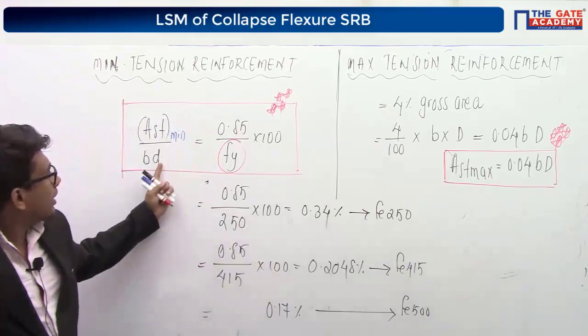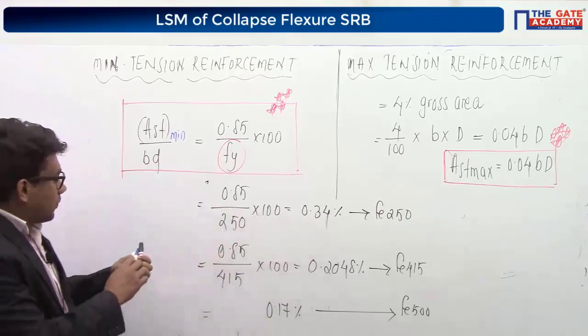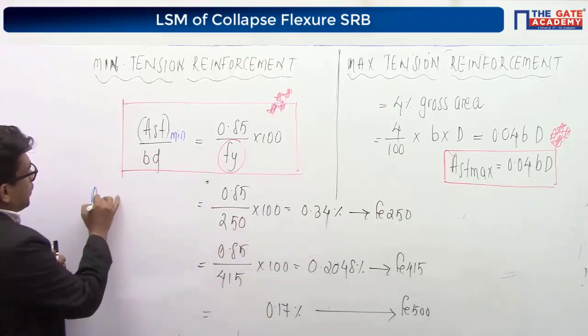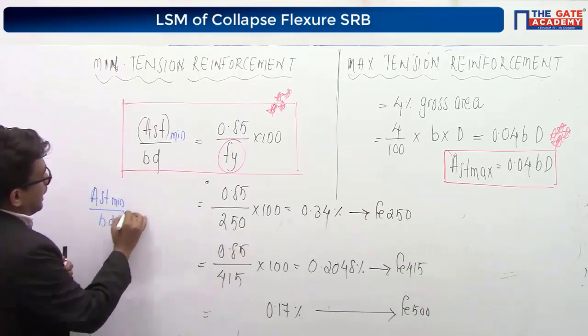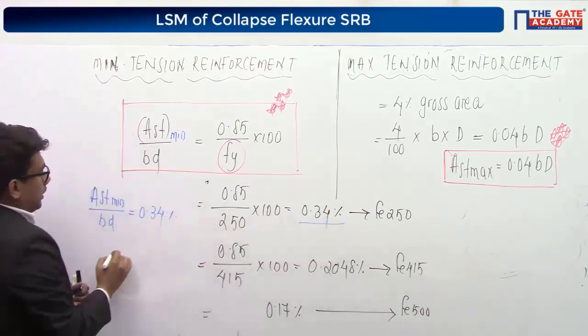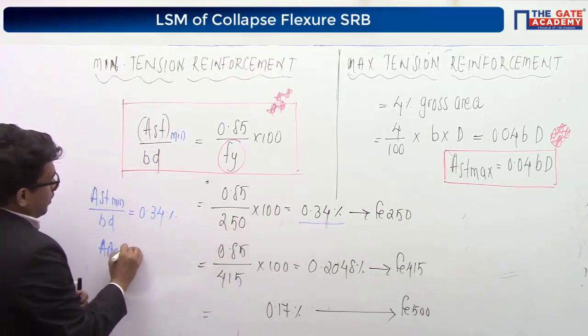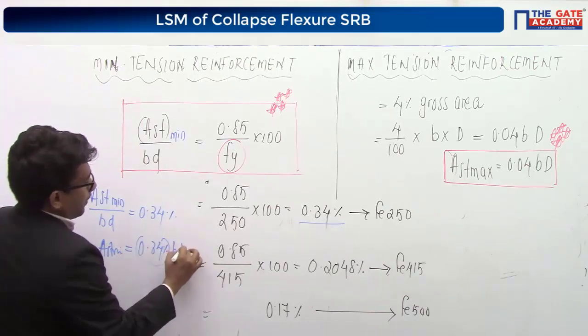AST divided by BD is equal to 0.3%. 0.3% of what? From this, if you want to find the AST minimum, suppose you are getting AST minimum divided by BD is equal to 0.34%. AST minimum will be equal to 0.34% of BD.